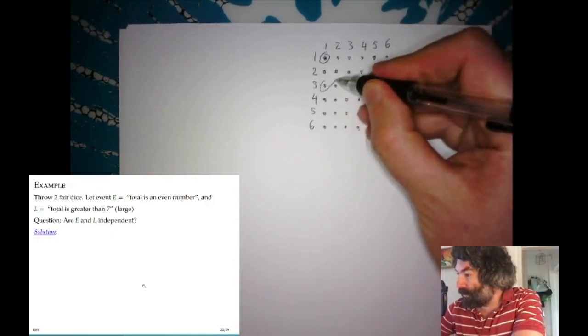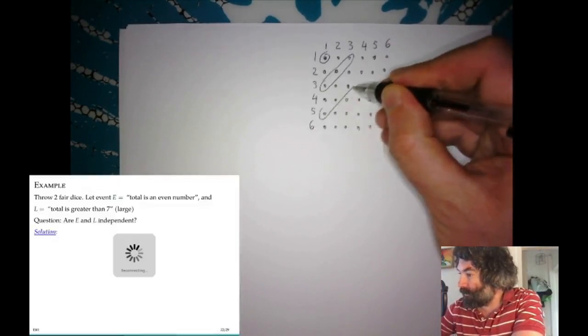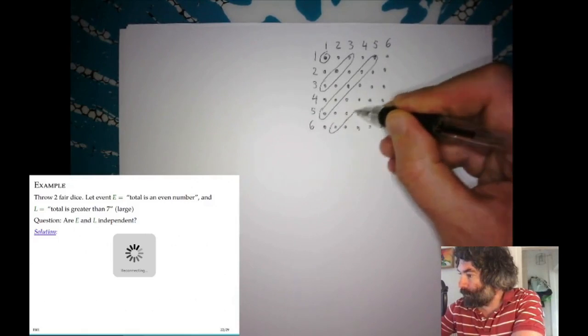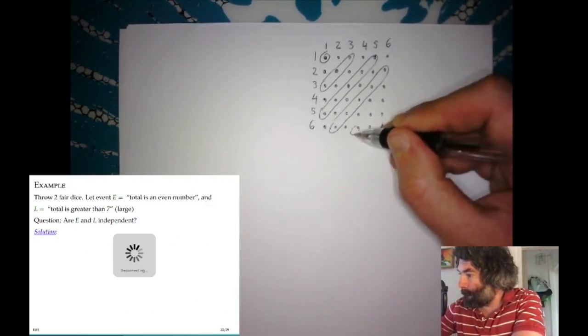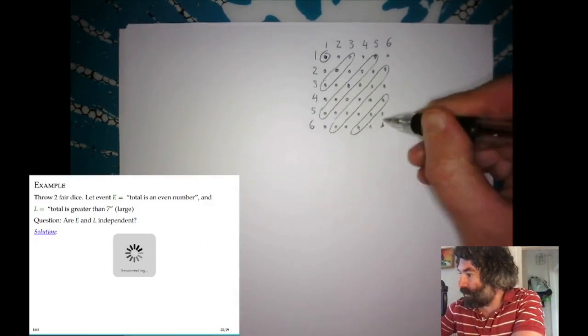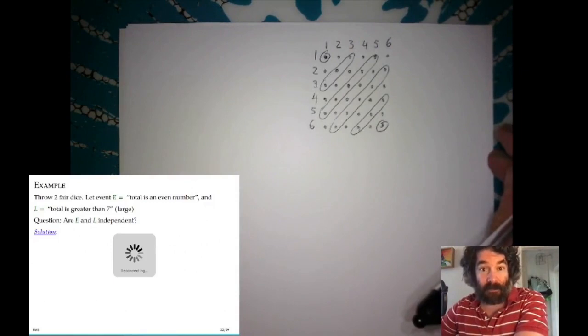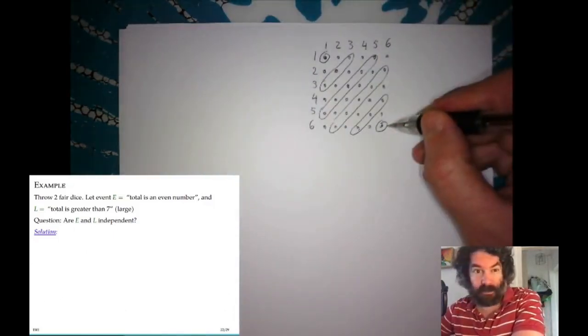There are these diagonals where the total is an even number. This would be all the outcomes I've just circled where the numbers on the two dice add up to an even number. And that is the event E.